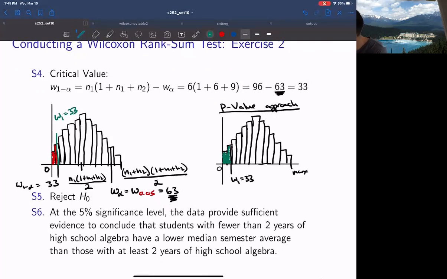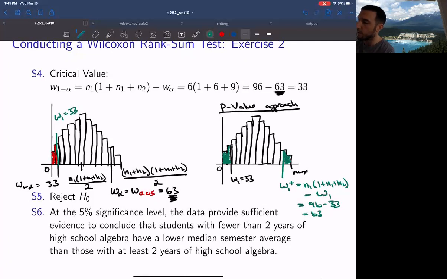So basically we're going to call this thing here, for example, W1 plus. That's going to be n1 times (1 plus n1 plus n2) minus W1. You can see we're just doing the same calculation from before. So that's 96 minus 33, which is 63.